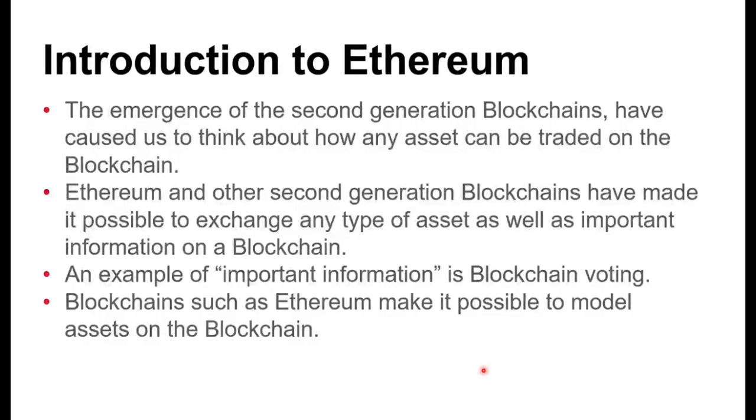So the emergence of second-generation blockchains has caused us to think about the way assets can be traded. Ethereum and other second-generation blockchains have made it possible to exchange any type of asset, as well as important information on the blockchain. So we can tokenize information. We can tokenize user attention. Here, we hear a lot now about voting.